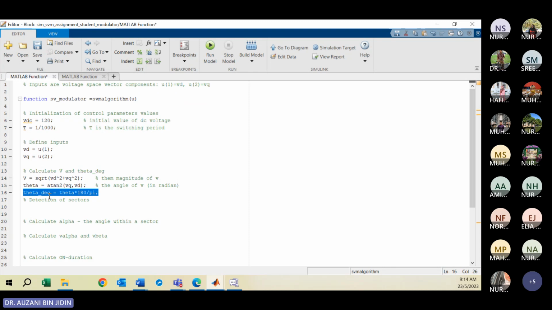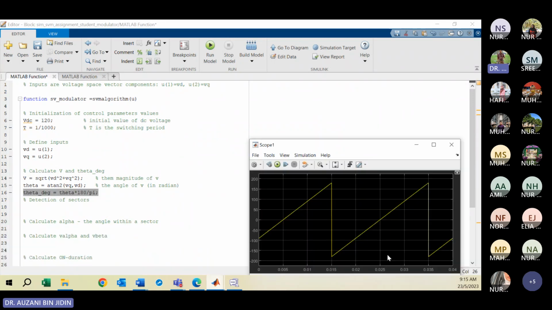Okay, you have to set the output, theta_degree, because the theta that you set for radian is not the output. Because you output in radian, same as just now. Okay, this is your output signal.